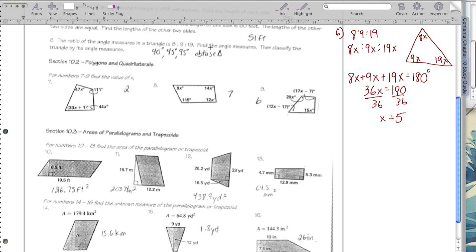Now they want us to find the angle measures, not just what x is. So like we did before, I'm going to substitute 5 in for x. So this is 8 times 5, which is 40 degrees. This is 9 times 5, 45 degrees. And this is 19 times 5, which is 95 degrees. Okay, so we found each of our angles, and I have them listed here. Because one of them is greater than 90, it's an obtuse triangle. We're good.